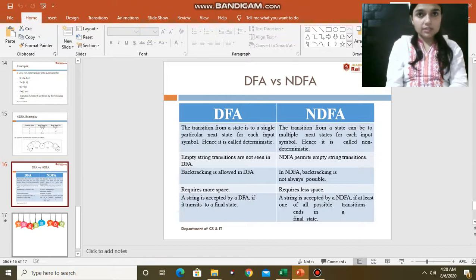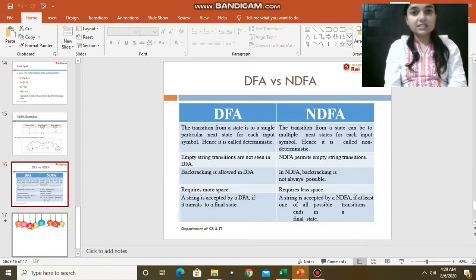If I give a summary of today's lecture, I have explained automata, what is finite automata, and the difference between deterministic and non-deterministic finite automata. In a deterministic finite automata, on giving input to a state, it reaches another single state.